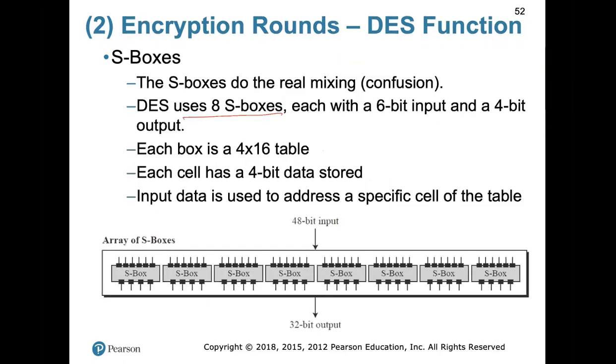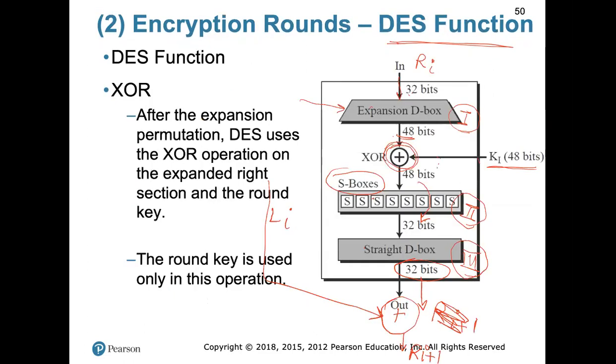We apply a 6-bit portion of data to the SBox, and we get 4 bits out of that. That's why, if you look at this function again, we say that 48 bits of data will be applied to the SBoxes, and after that we get 32 bits, because SBoxes work like this.